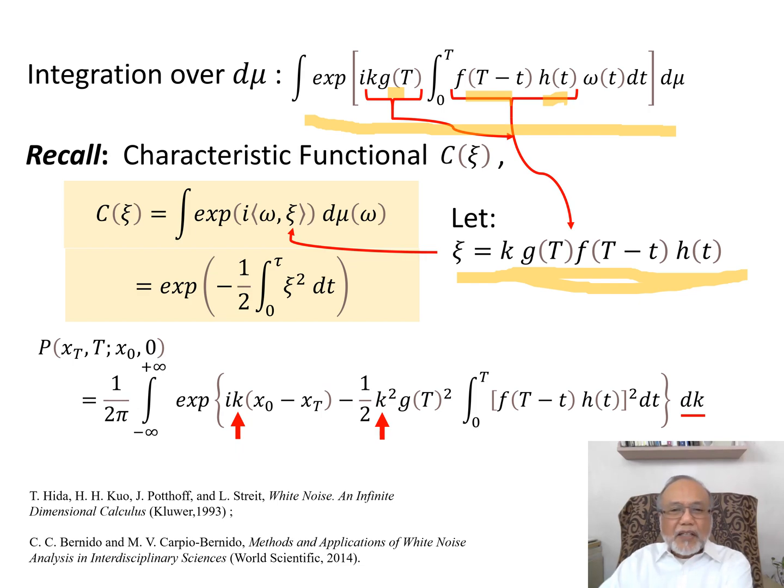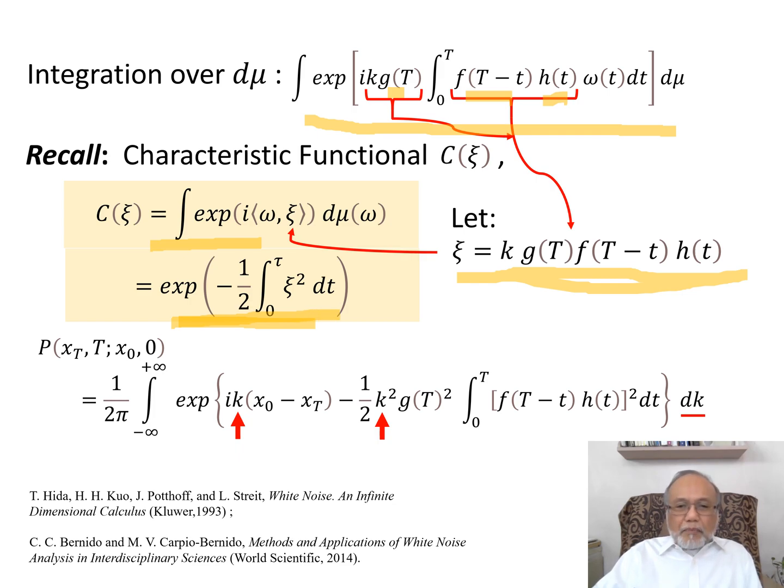If you let this k, g, f, and h be c, then it would simply look like this. And this is actually the definition of the Gaussian white noise measure. On the right hand side is the integrated form. You don't have the Gaussian white noise variable anymore on the right hand side, so in that sense, this is already the integration over the mu.